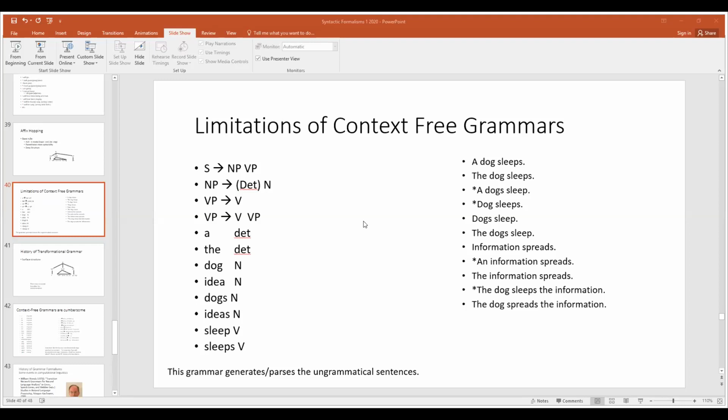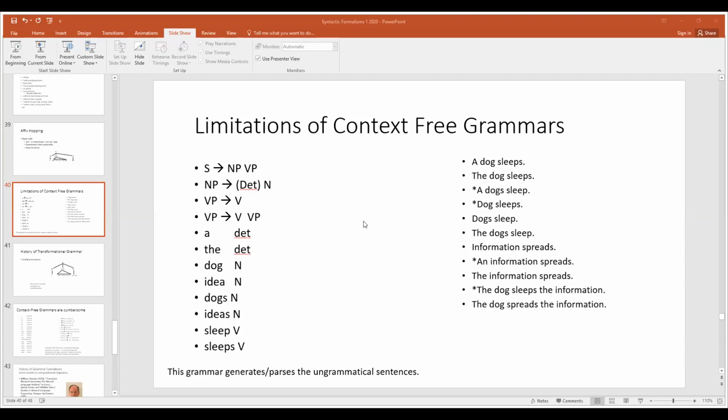And where we ended, we started to look at context-free grammars in more detail and to question whether they are adequate for describing the grammar of human languages. So we were looking at this slide, which has grammatical and ungrammatical sentences that are all generated by the context-free grammar on the left of the screen.